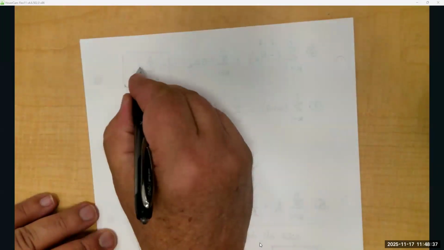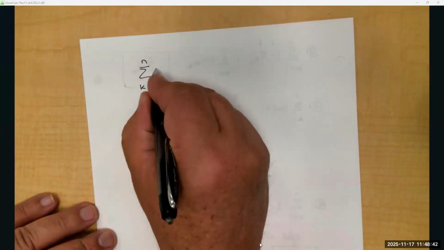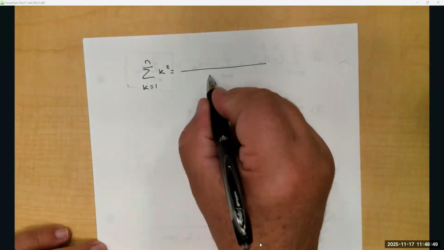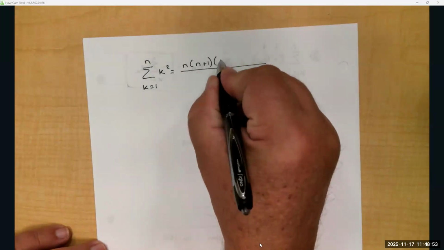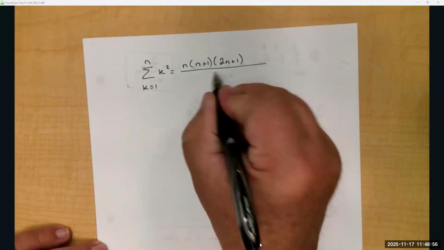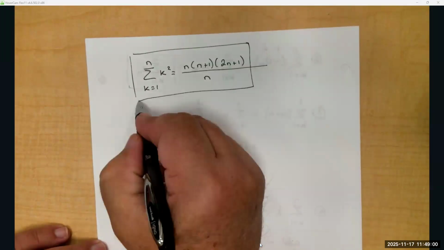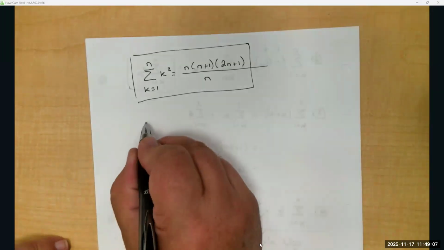Likewise, if we had the summation of k equals 1 to n of k squared, this can also be written as an equation. So whenever you have k squared, you simply write that equation in its place and plug in n for that value.